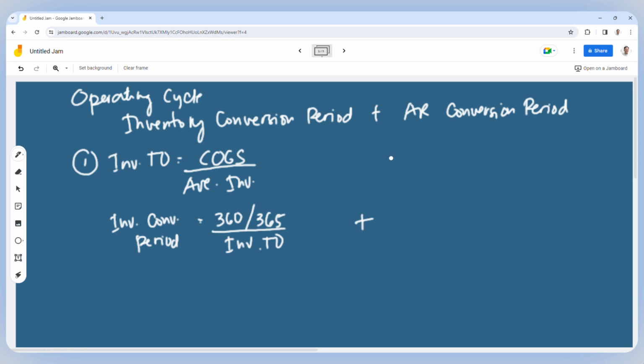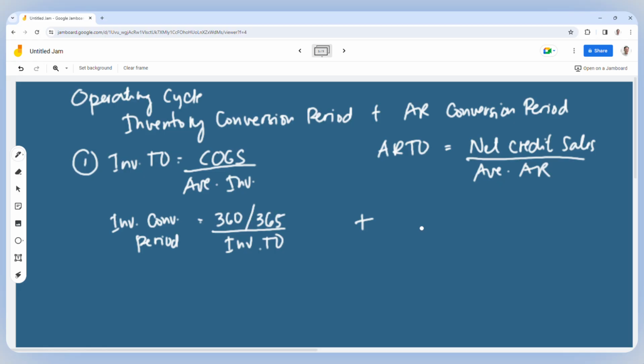Plus, what is the AR conversion? First, compute our ARTO, the AR turnover. What is the formula, class? Net credit sales divided by our average accounts receivable. That is our formula.